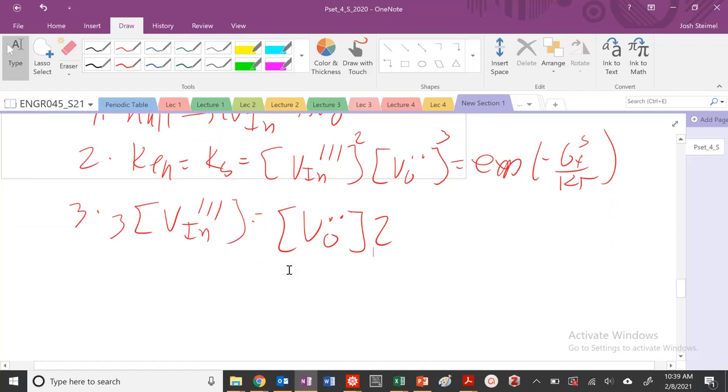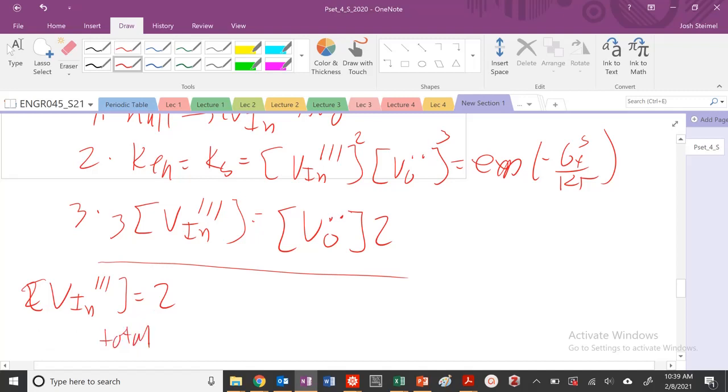Well, here is our key electroneutrality expression, so let's break it down. Let's say my concentration of indium vacancies is equal to 2. So what's the total charge here? My total charge would be minus 6.